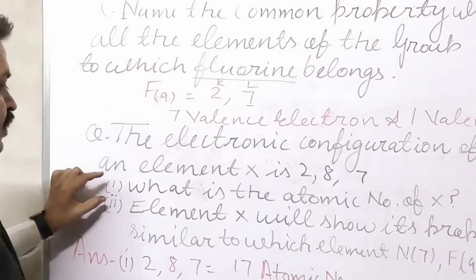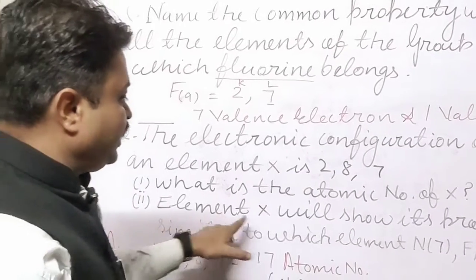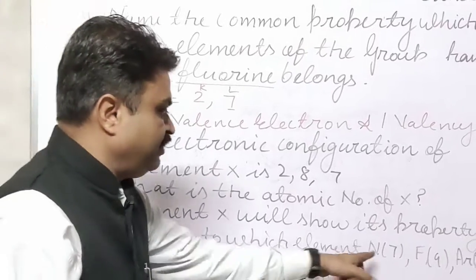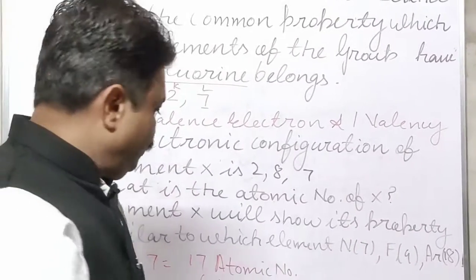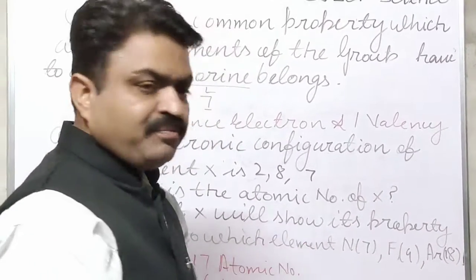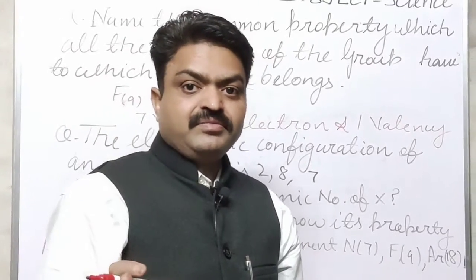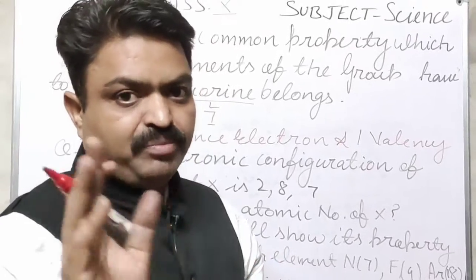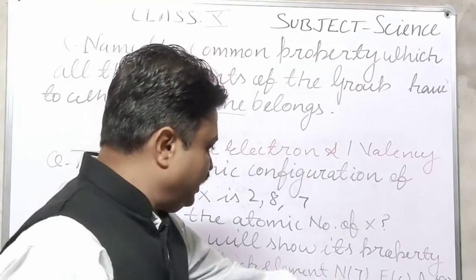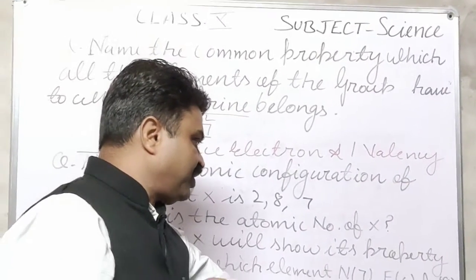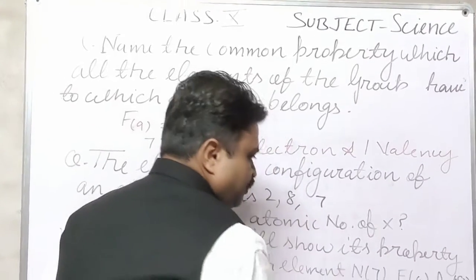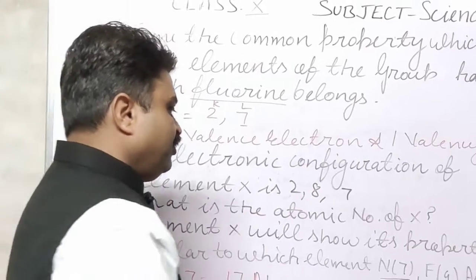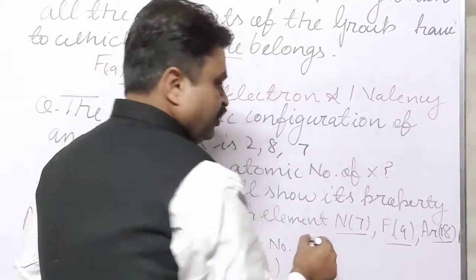Now, the element X will show properties similar to which element? If the valence electrons are similar, then those elements have similar properties. In this question the elements given are nitrogen, fluorine and argon. So you will first write the electronic configuration.